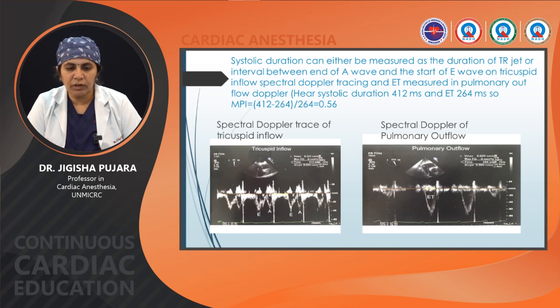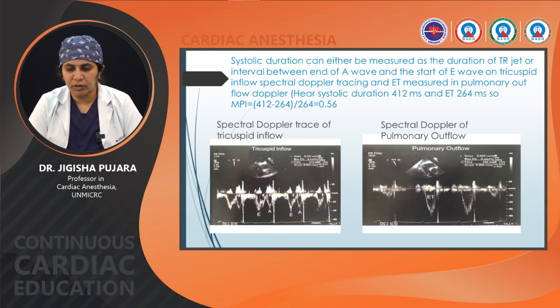So MPI is 412 minus 264 divided by 264, equal to 0.56. Here in the echo image, on the left side is the spectral Doppler trace of the tricuspid inflow, and on the right side the pulmonary outflow in the deep transgastric view.